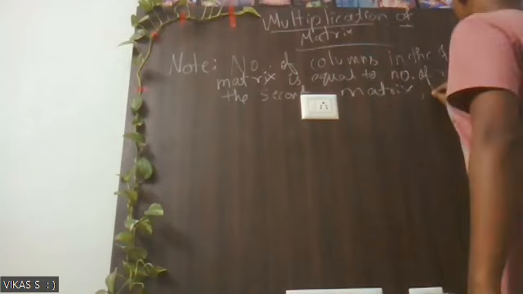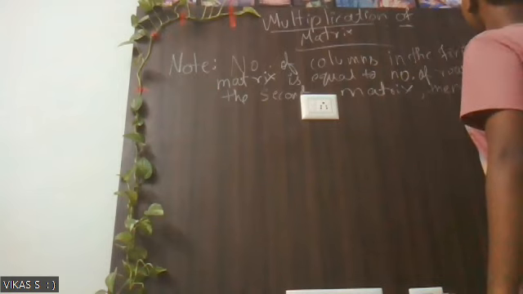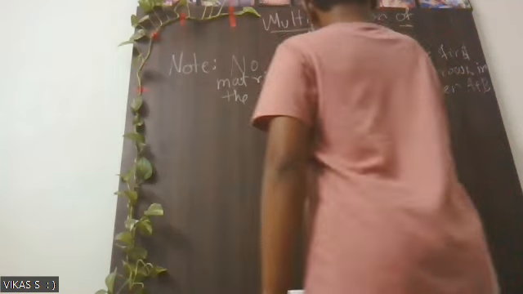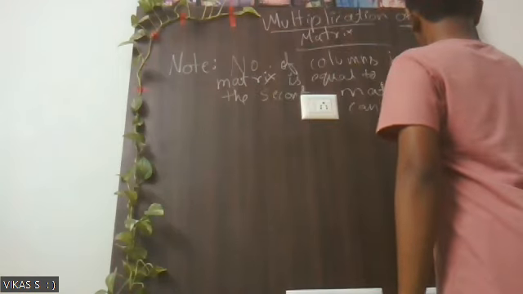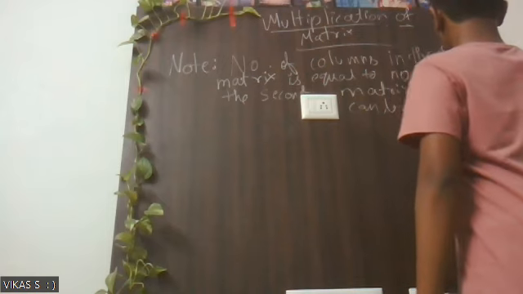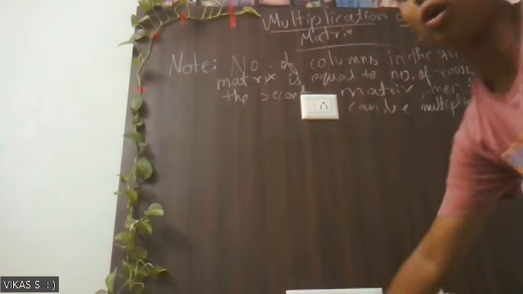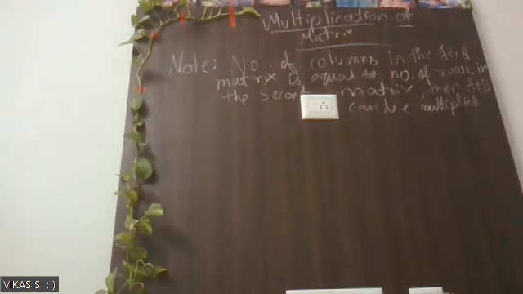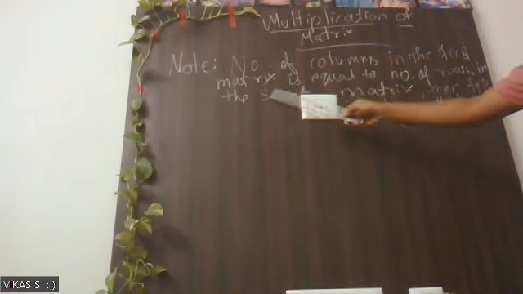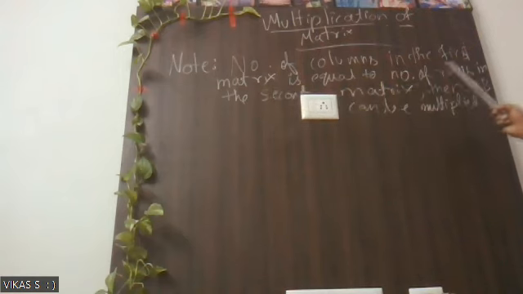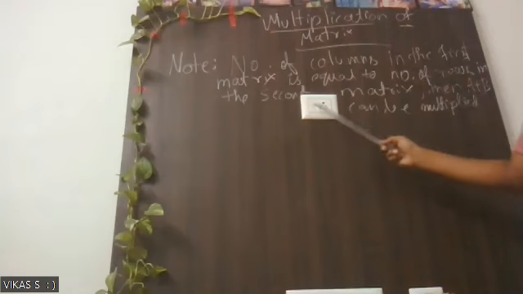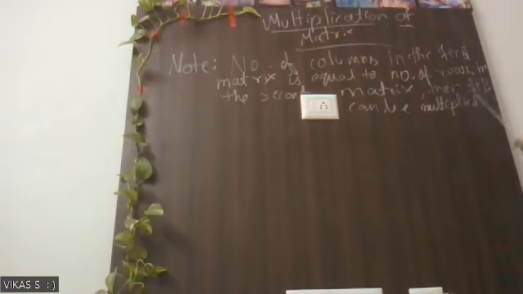Then A times B can be multiplied. So the number of columns in the first matrix must equal the number of rows in the second matrix, and after that A times B can be multiplied.